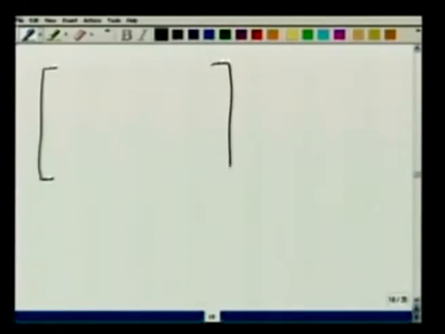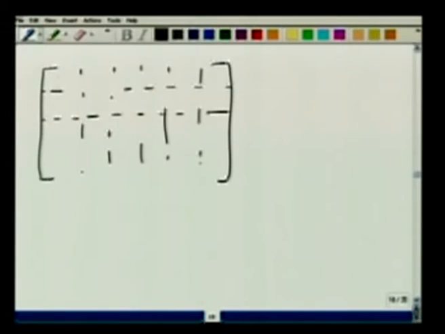So if I write that matrix, what will I get? Here is the 6 by 6 matrix, 1, 2, 3. Maybe I'll have to extend it further.